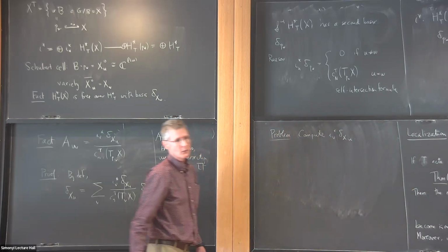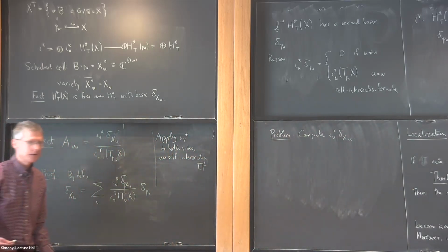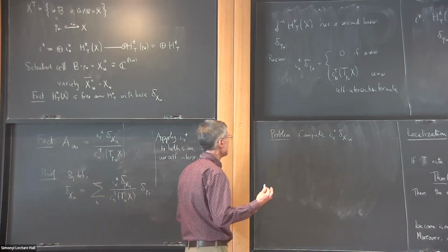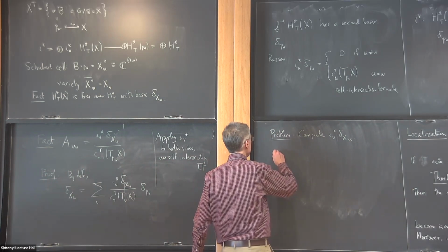Now, there are several ways that one can do this. I'm just going to explain one way right now, and I'm going to relate this to a different problem, a related problem that turns out to be related.